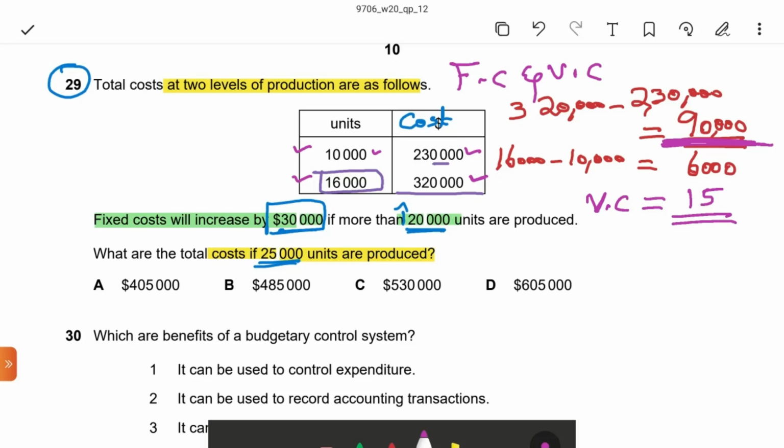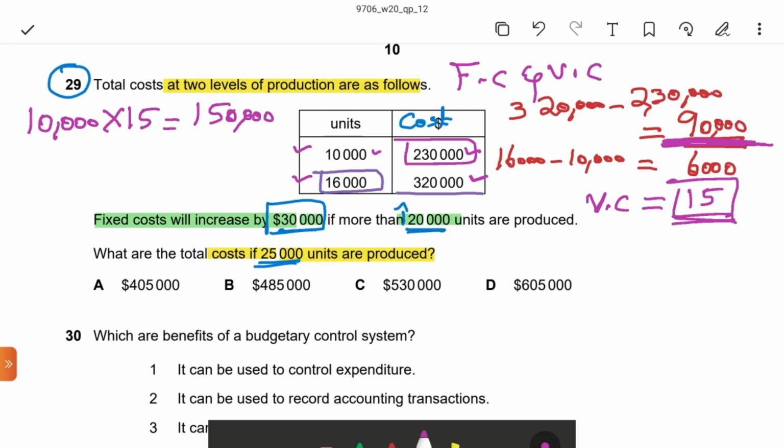Now we can calculate the fixed cost. If 230,000 is the cost to produce 10,000 units, what will be the fixed cost? First we calculate the variable cost to produce 10,000 units; then the remaining amount will be the fixed cost. The variable cost for 10,000 units at 15 per unit is 150,000.